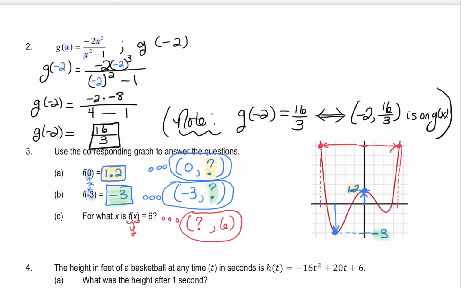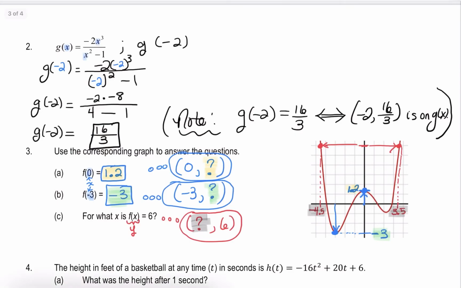And it looks like, again, these aren't perfect integer locations, so we are going to estimate. I'm going to say that maybe this one's just at the halfway mark at negative 4.5. I'm going to say this one's, again, at the halfway mark, we'll say 3.5. All right, so those are the x values, 2 of them here, that would satisfy the ordered pair that x comma 6 is on the graph.